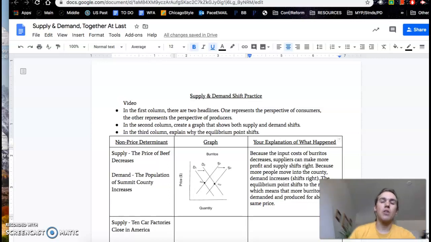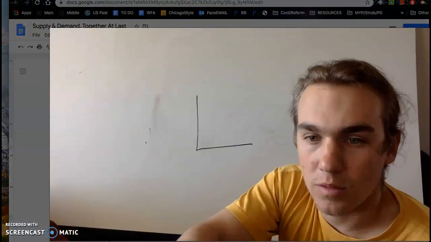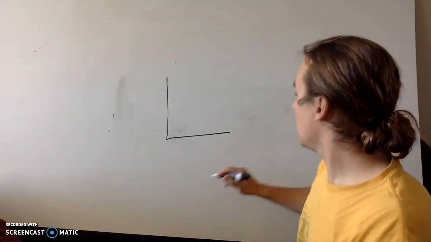So today we're going to talk about supply and demand together. I want to put those two curves together so that we can see how they work. So we're going to start by making a very basic graph. There we go.